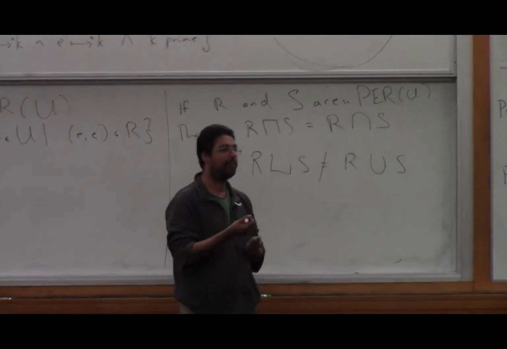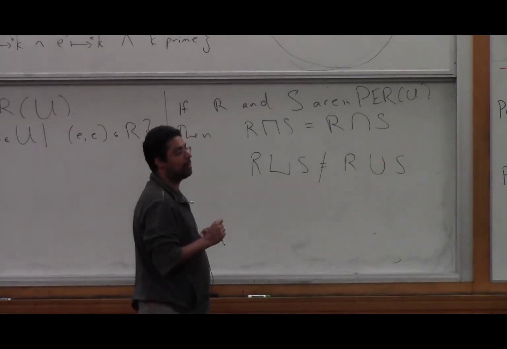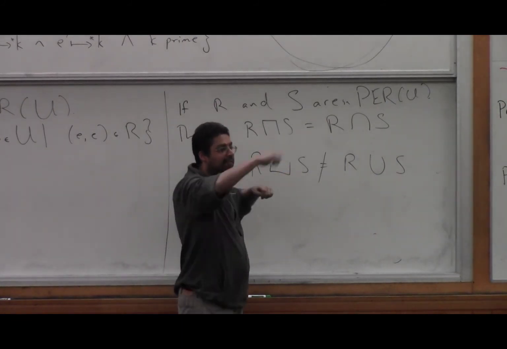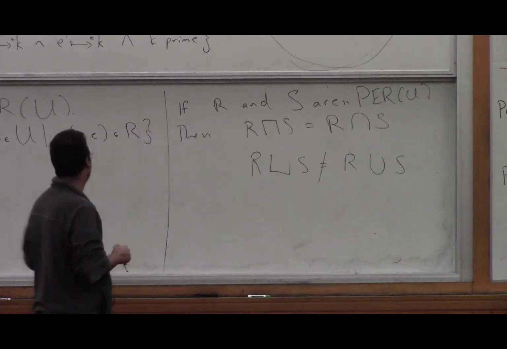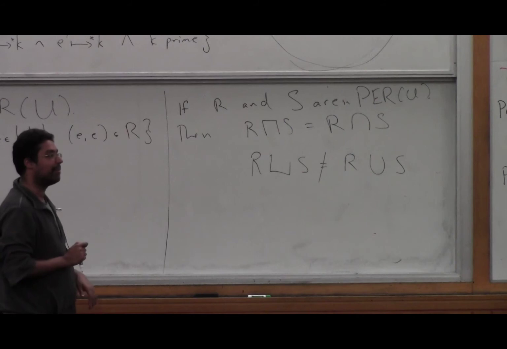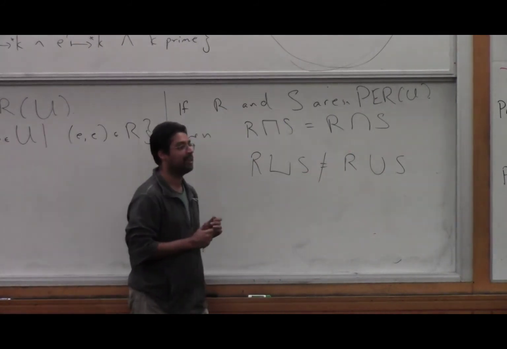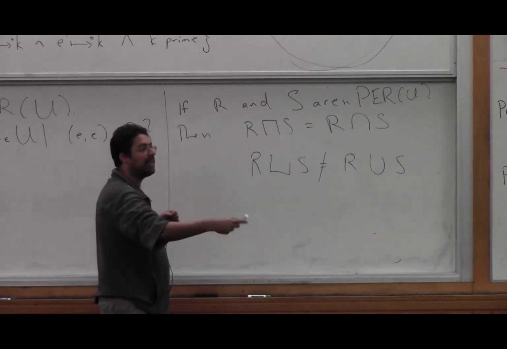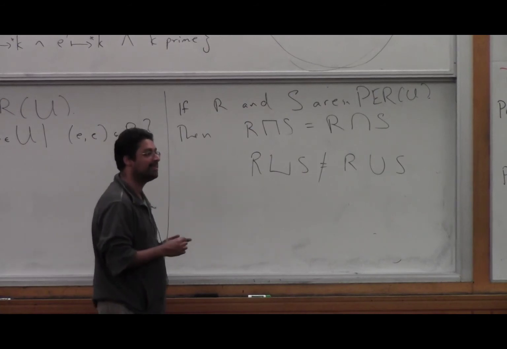What you have to do is take the union, and if R and S overlap at all, you might have to add a whole bunch more elements in order to make the relation transitive. So it's the smallest transitive relation containing R union S. And that transitive closure sort of breaks your idea.